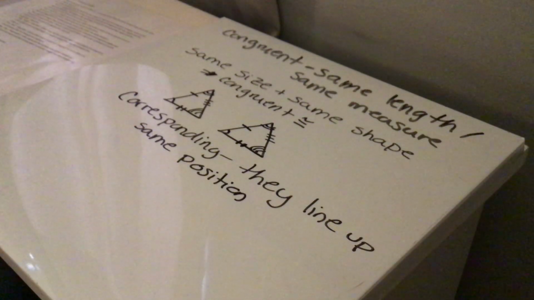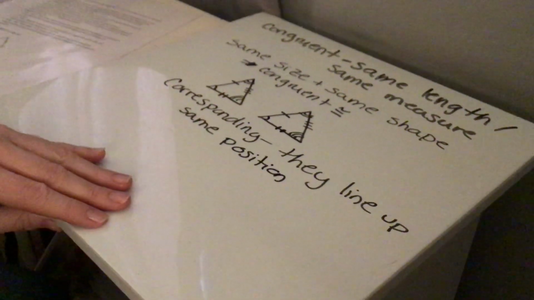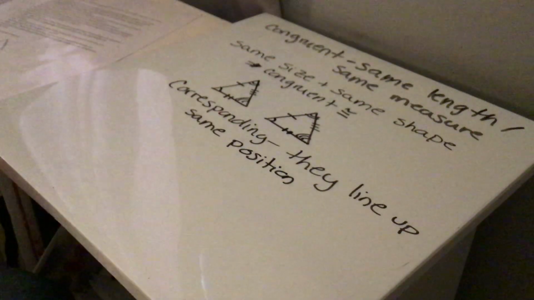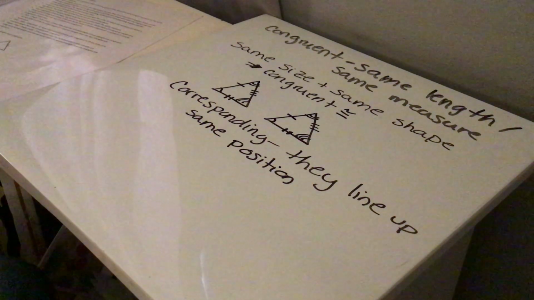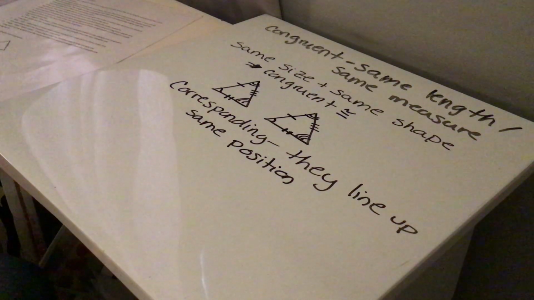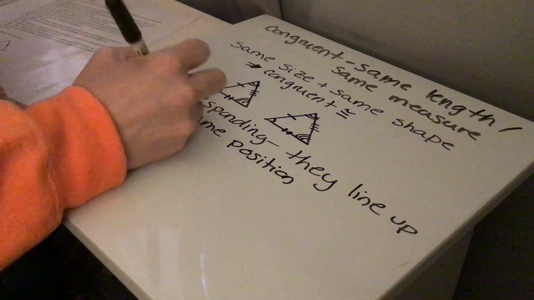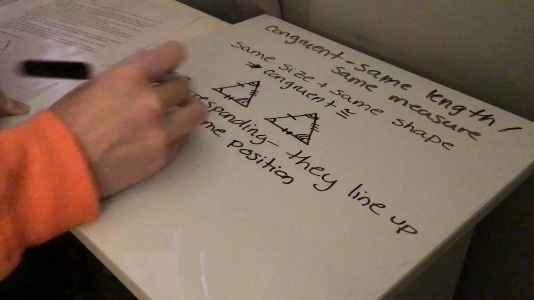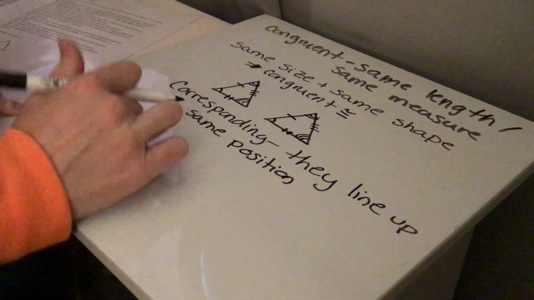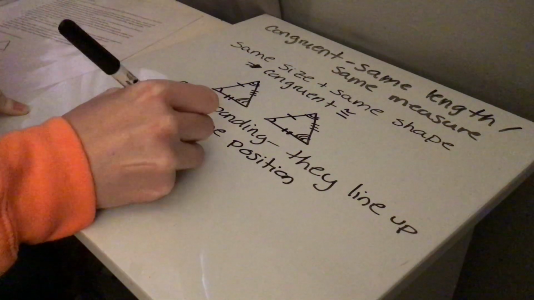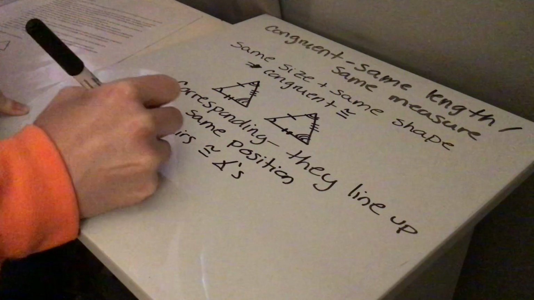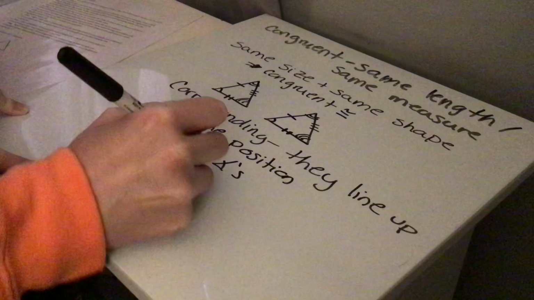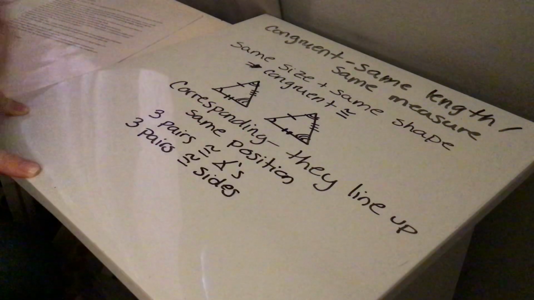Okay? So in 2 congruent triangles, we have 6 pairs of corresponding parts. Okay? We have 3 pairs of congruent angles and 3 pairs of congruent sides.